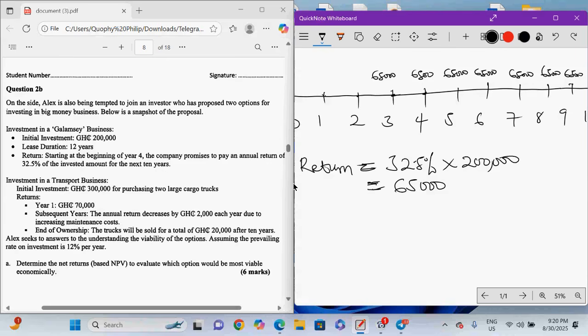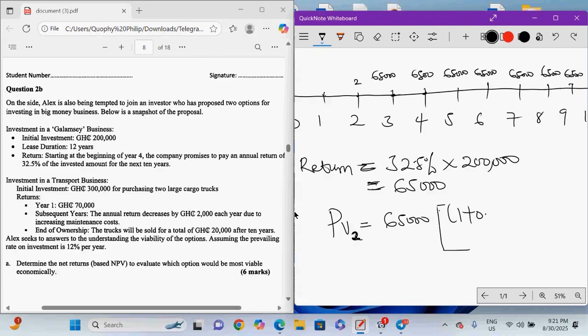What's the present value for the third period? Oh no, it's starting from the, so P2. Right, so that will be 65,000.